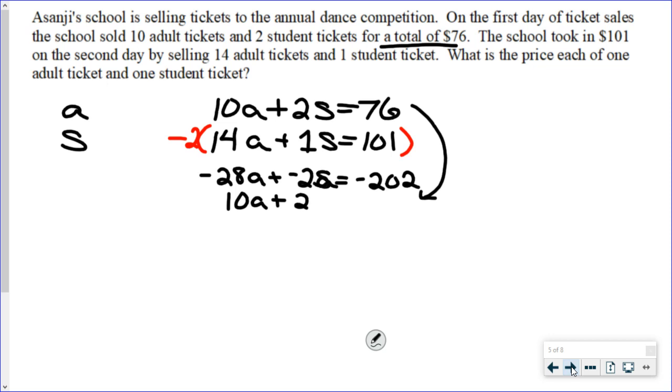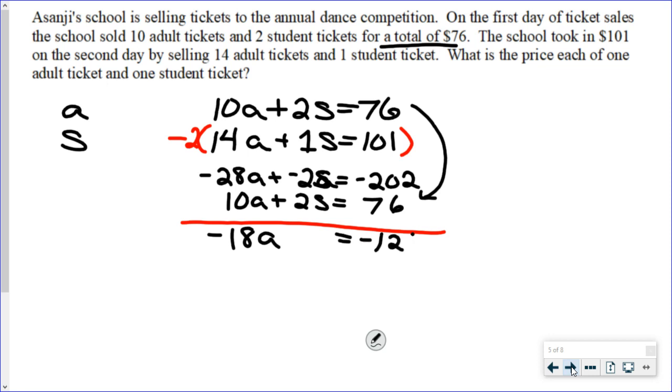Oops, not A. This should be an S. I made a mistake. That's okay. See, it's easy to make those things. So when I add down, I get -18a. The S's cancel, and I go -202. Remember, we're adding, and I get -126. Dividing by -18.